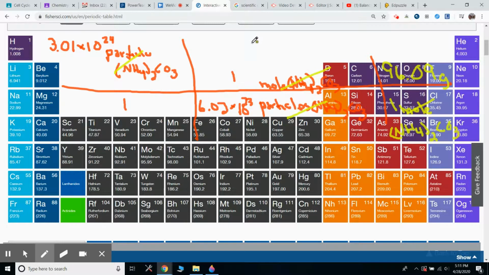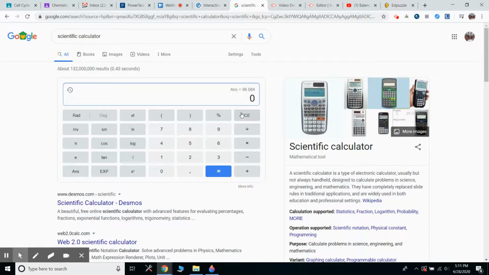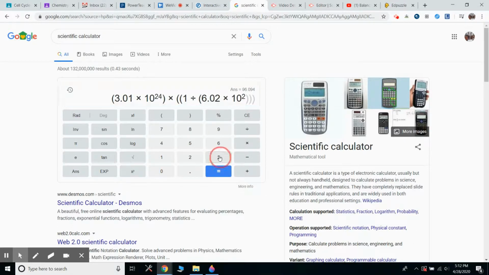So the only thing that's left for me to do is to go to my scientific calculator and start plugging in all the values that we have here, all of these measurements. So 3 times 3.01 times 10 to the 24th power times, I'm going to do 1 over. It's important that you're following along with the way that I'm using the parentheses here.